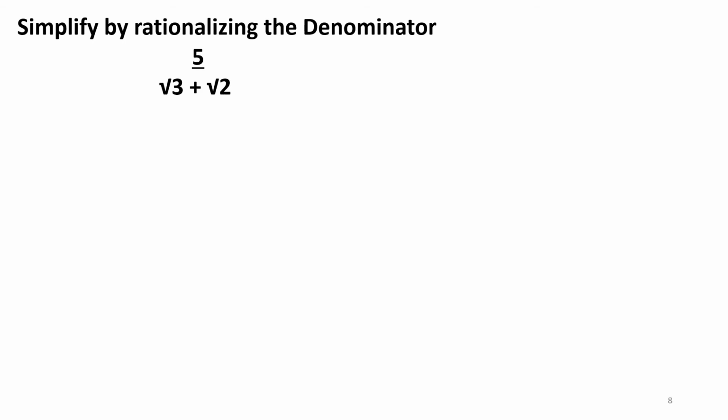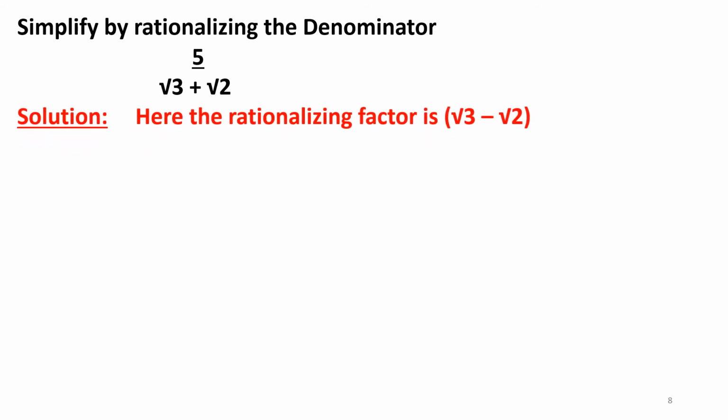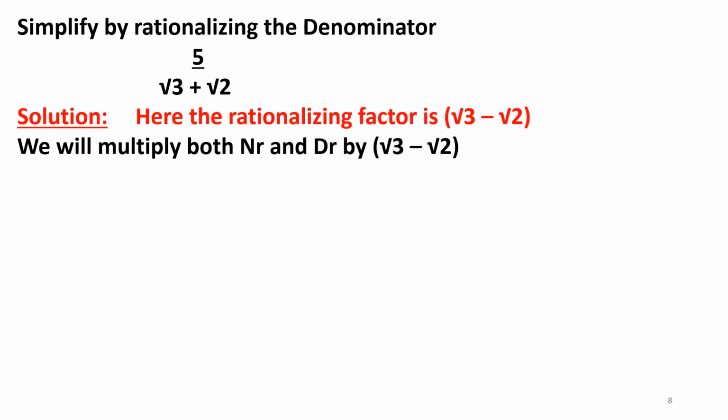Simplify by rationalizing the denominator. See the denominator, root 3 plus root 2. Here the rationalizing factor is root 3 minus root 2. What is the rationalizing factor? Root 3 minus root 2. So we multiply both numerator and denominator by root 3 minus root 2.